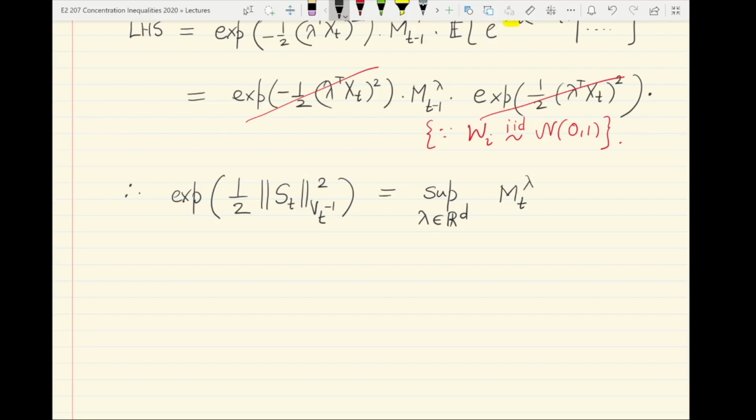Okay, so M_t^λ we have just shown is a martingale for a fixed value of λ, and in some sense, what we want to control is on the left hand side, up to a monotonic transformation of exponentiating, and we essentially would like to control the fluctuations of a supremum of many martingales.